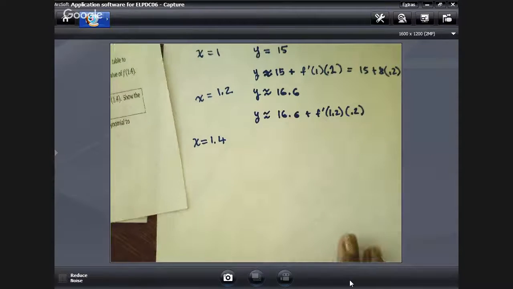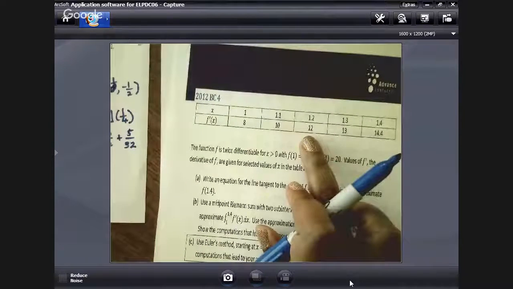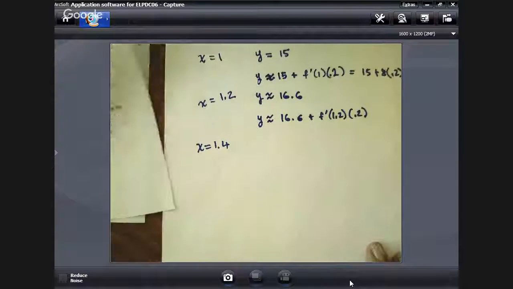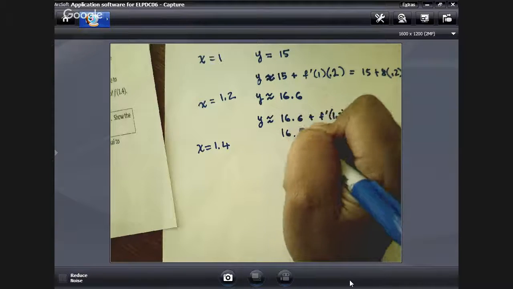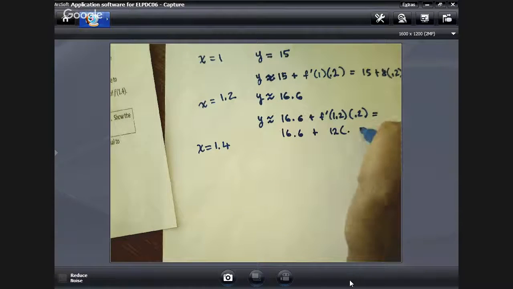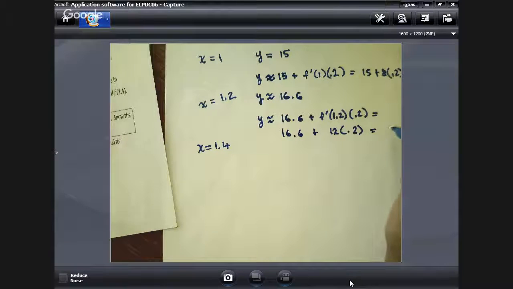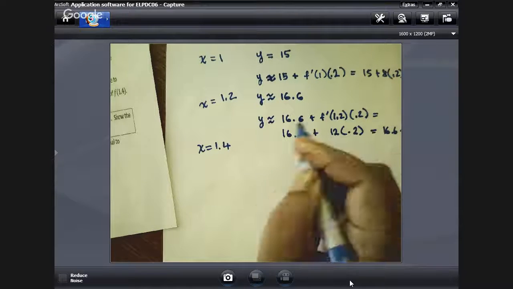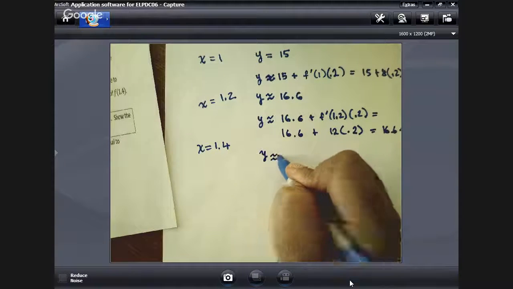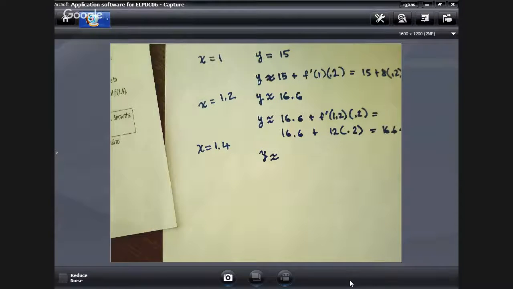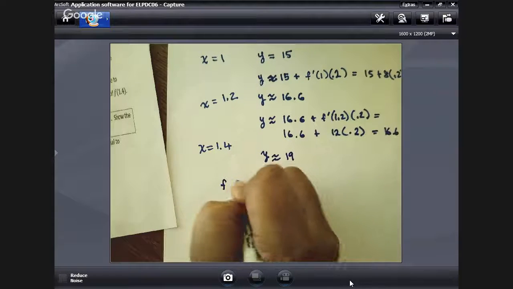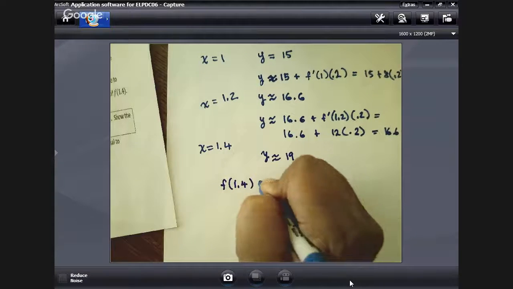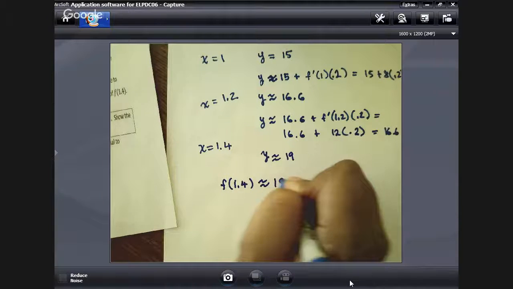So I look back in the table and I have f prime of 1.2. It's 12. So this is going to be 16.6 plus 12 times 0.2. And 12 times 0.2 is 2.4. So my new y value is going to be 19. So f of 1.4 is approximately 19.